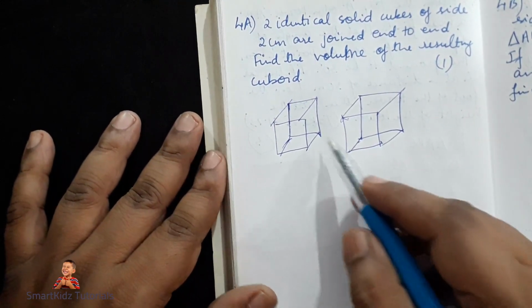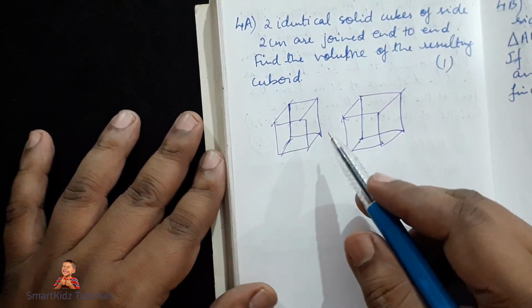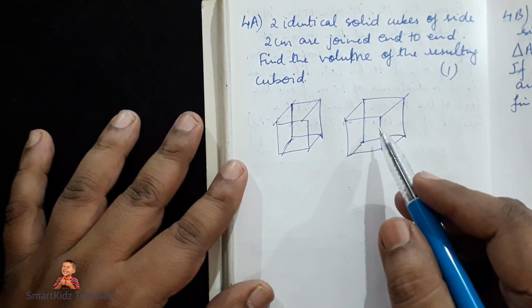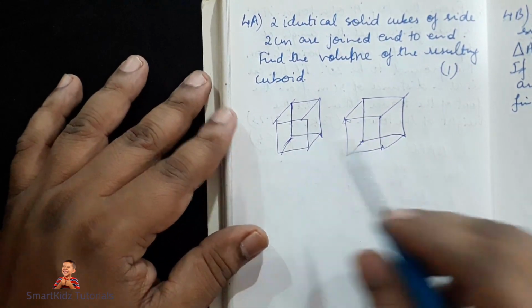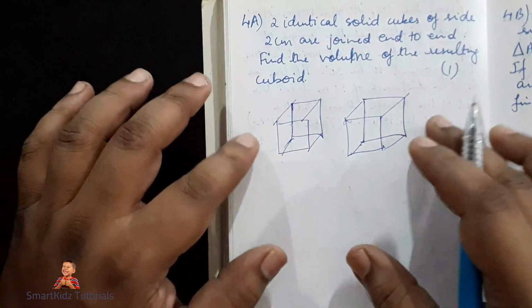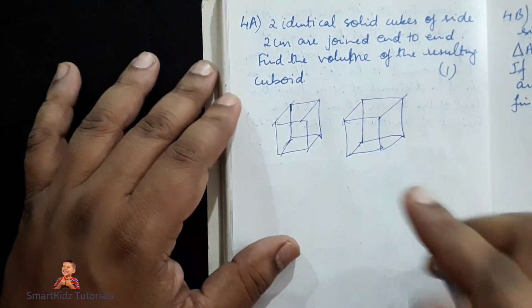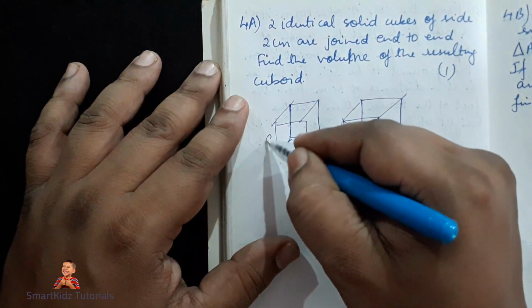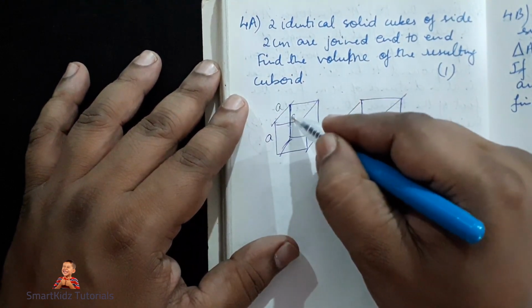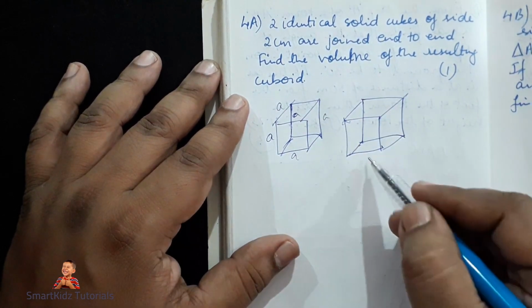But remember one thing, in a cube all the faces are equal, but in a cuboid it is not the same. But here we are not looking at a separate cuboid. It is a cuboid that is formed by joining two cubes end to end. A cube has sides like this, A, okay, A, so forth, and this also will have.